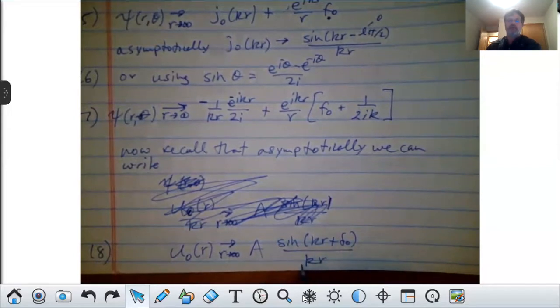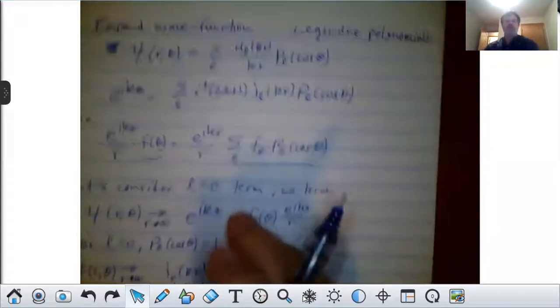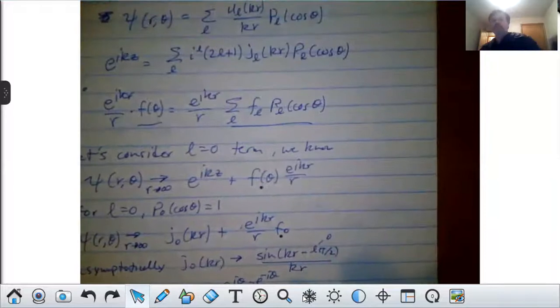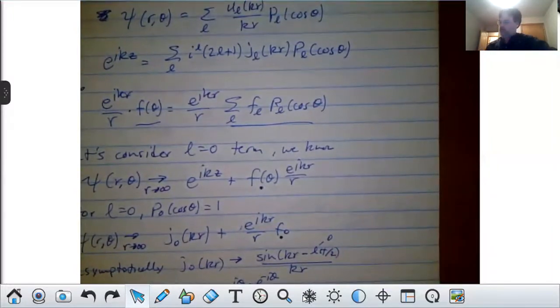But then we got this 1 over kr term here. I guess what I should say is this is not u0, but this is u0 over kr. I'm writing that whole radial part of my expansion of the function in terms of this phase shift.